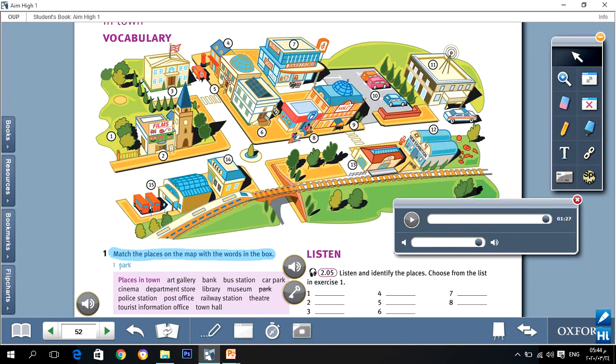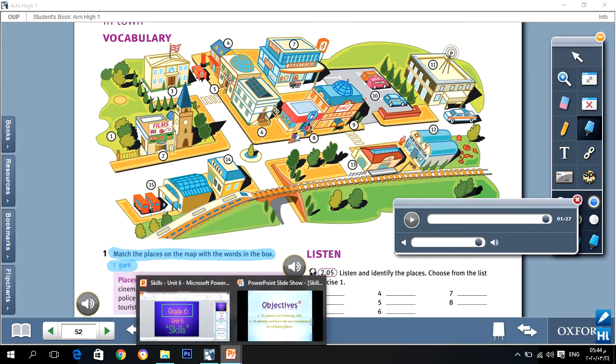So we started with number 1, and it was a park. Try to remember the numbers or look at the picture in your student's book while I'm showing you this slideshow.